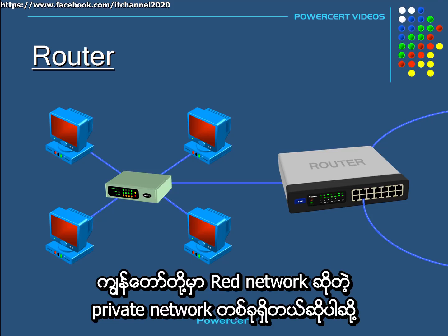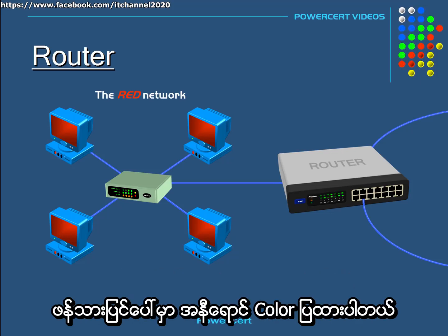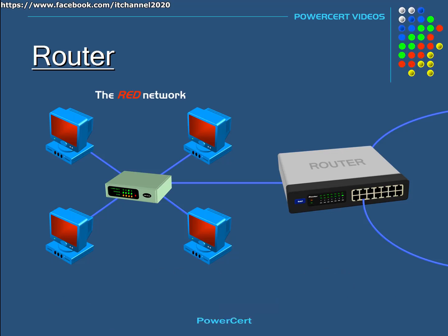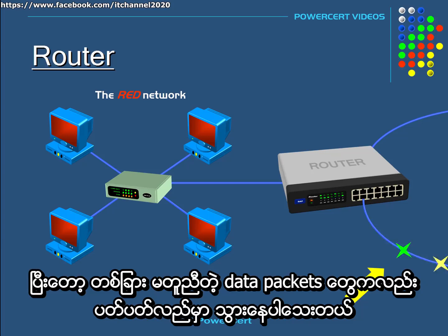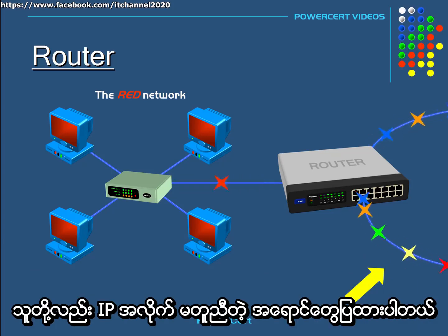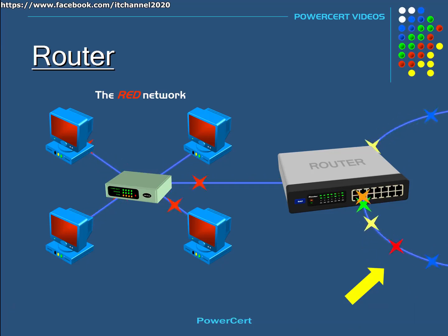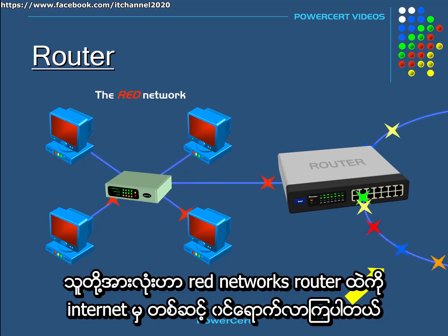So here we have a private network with its router. And we'll refer to this as the red network, indicated by the red colored screens on the computers. And over here you're going to have different data packets, indicated by their different colors, which represents different IP addresses, and they are going to be entering the red network's router from the internet.